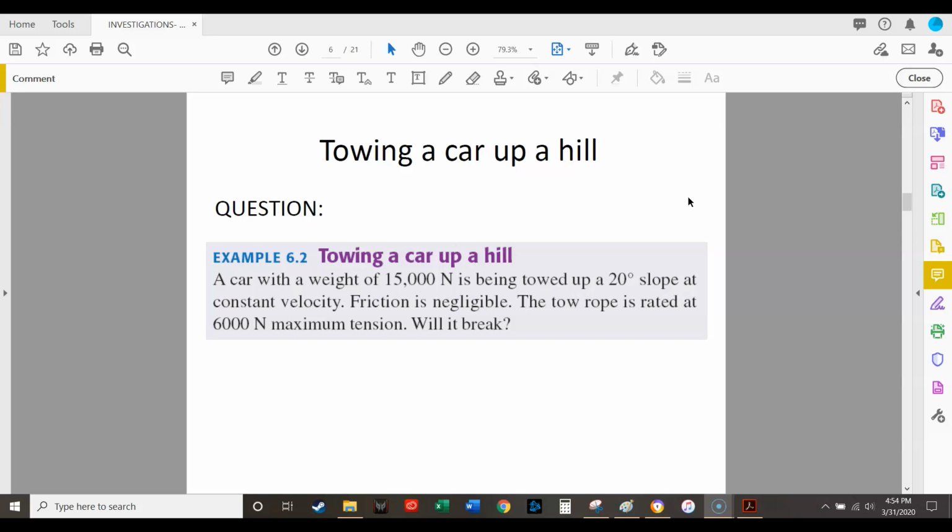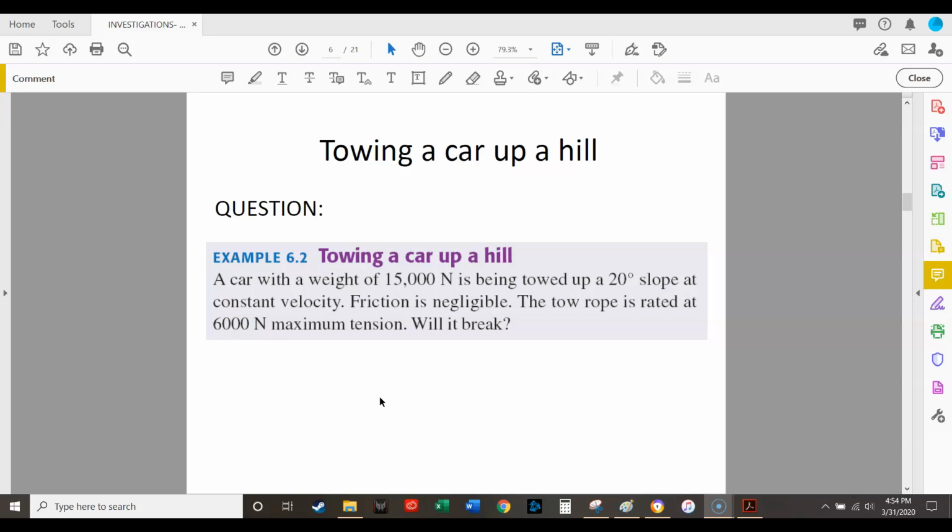So it's not accelerating, so the sum of forces in the x and y direction applying Newton's second law is going to be equal to 0. There is no net force. The tow rope is rated to pull at 6,000 newtons max tension. Will it break? So they're not saying that the tow rope is 6,000 newtons.